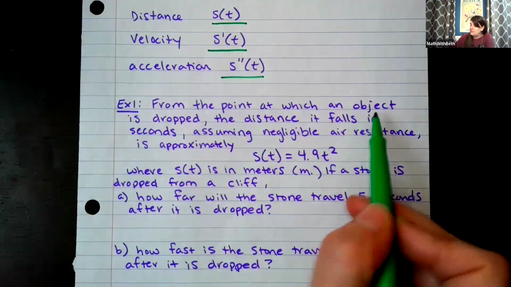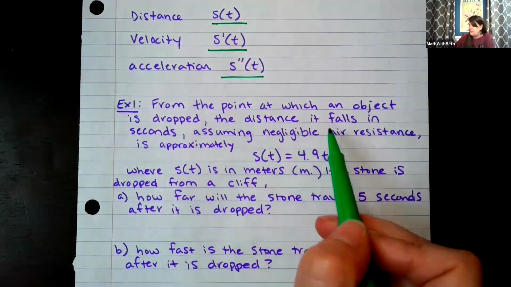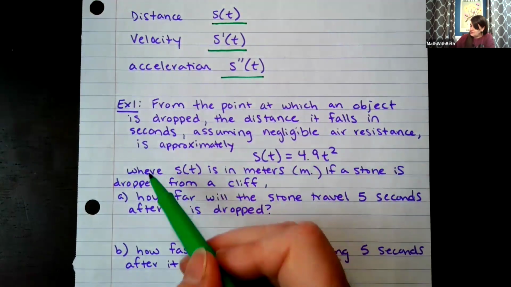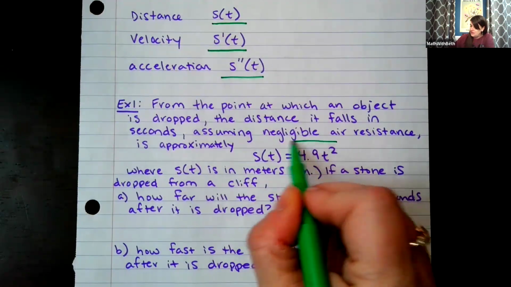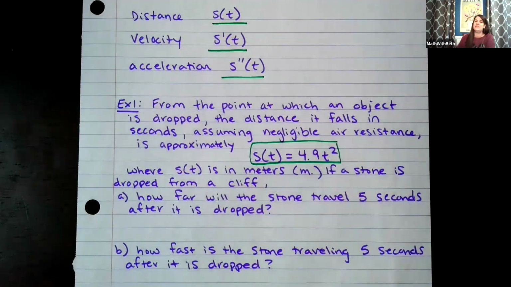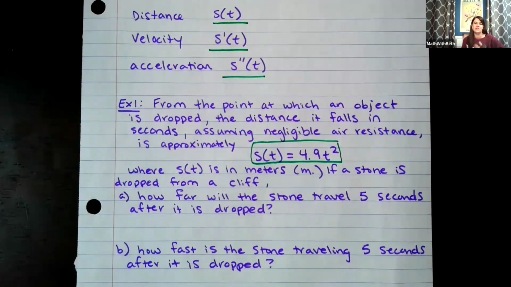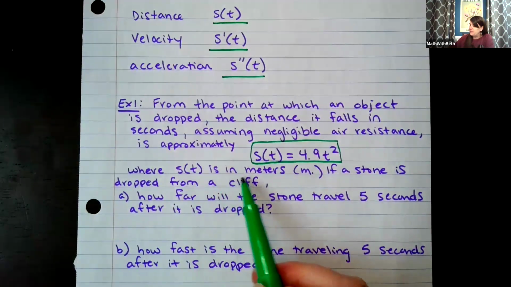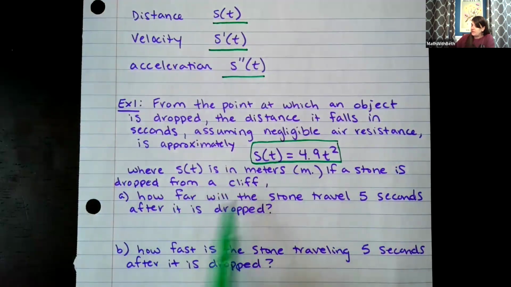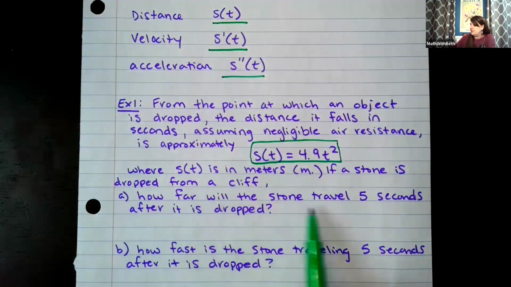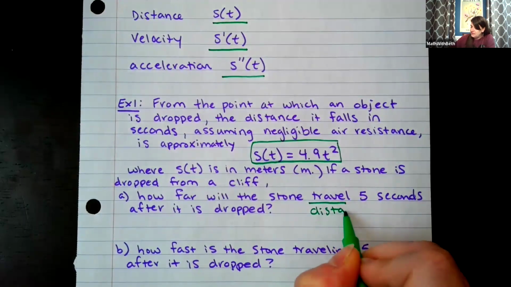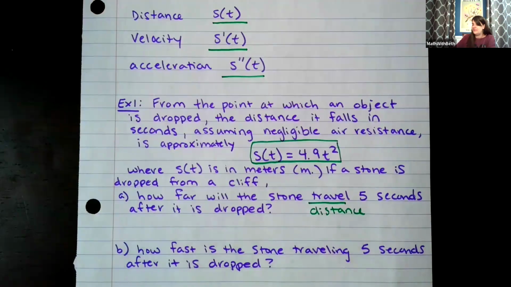From the point in which an object is dropped, the distance it falls in seconds, assuming negligible air resistance, is approximately this. Okay, that's a lot of fancy words, but basically they just gave me an equation that means distance. So where S of t is in meters. If a stone is dropped from the cliff, how far will the stone travel? So it's asking me about distance 5 seconds after it is dropped.